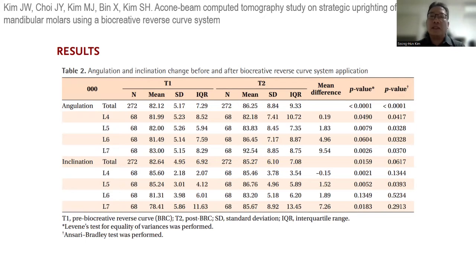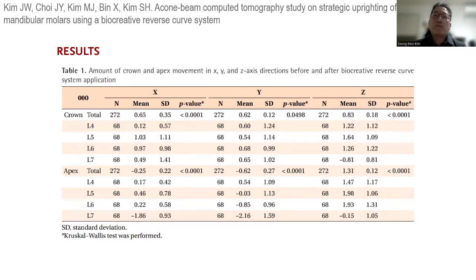Inclination also gradually increased from the first premolar to the second molar, which means that they were buccally uprighted except for the first premolar. It was assumed to be the effect of the lingual arch bonded on the lingual surfaces of the mandibular first premolar. Here are the results.